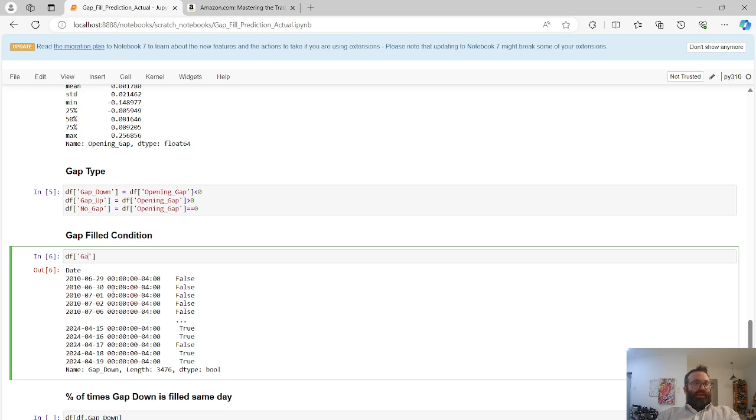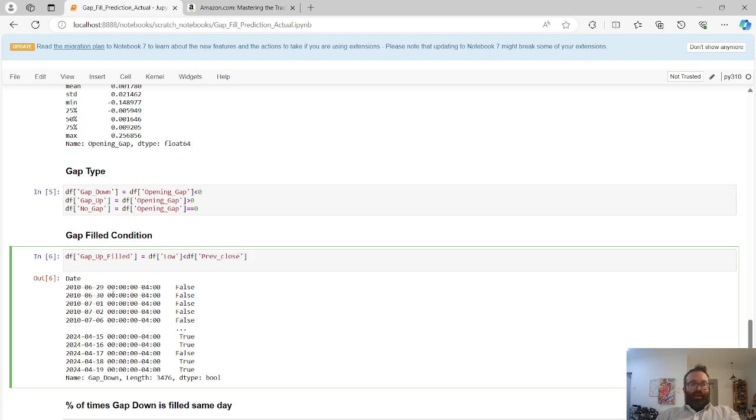So it would be df gap up filled equals df low less than df prev close. Okay, so this is the gap up filled. Similarly, for gap down filled, you start below yesterday's close, and you go above it.